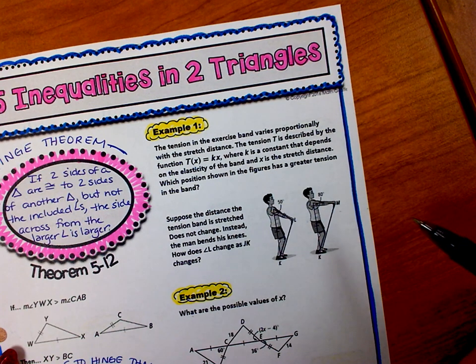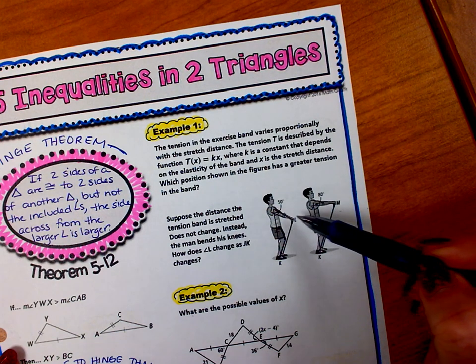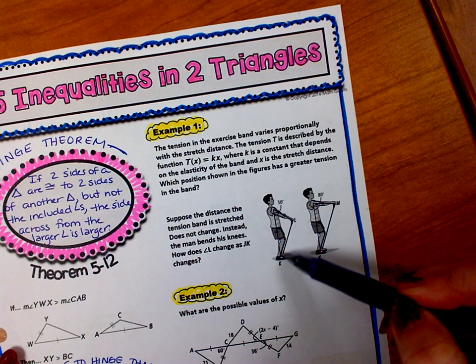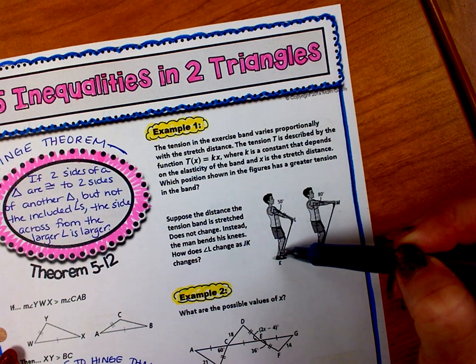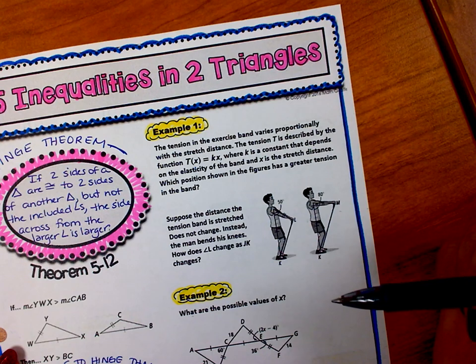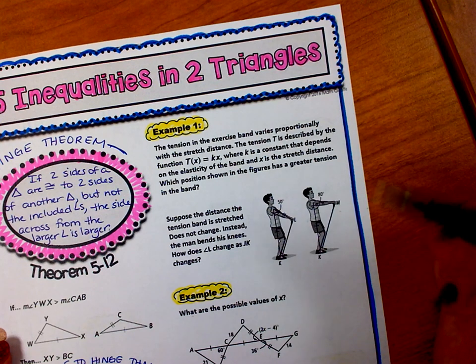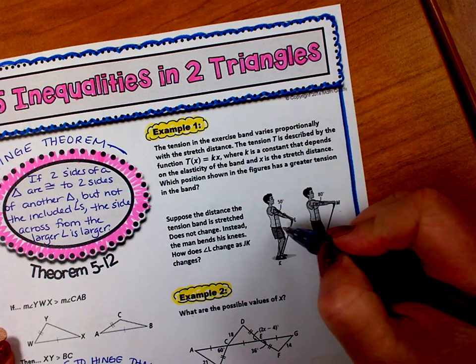Suppose the distance the tension band is stretched does not change. In other words, this length of his arms and this length of the band stays the same, because instead he's going to bend his knees. All right, so if that's the way that it's moving, then let's go ahead and change that.